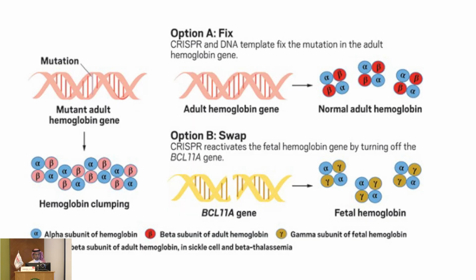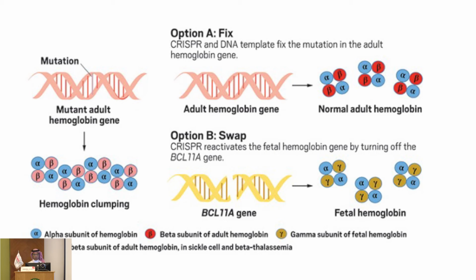Now, there are 2 ways of repair here. What we call directed repair is when you have the mutated gene altered and made dysfunctional, and then an introduction of a DNA template that fixes the mutation. With that, they fix the abnormality. The non-directed repair method is that if we take, for example, sickle cell disease, as you can see, the hemoglobin clumping, what you do is to disrupt the BCL11A gene and leave the gene to heal spontaneously and naturally.